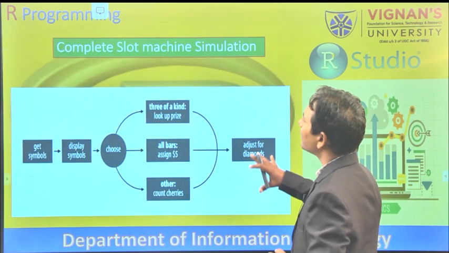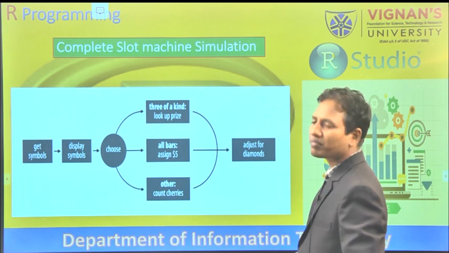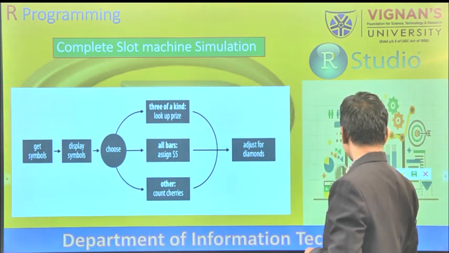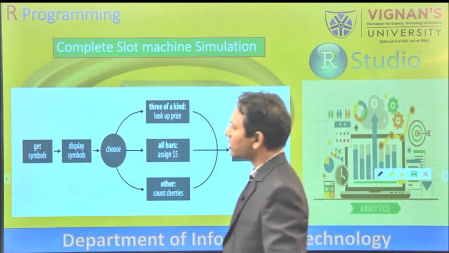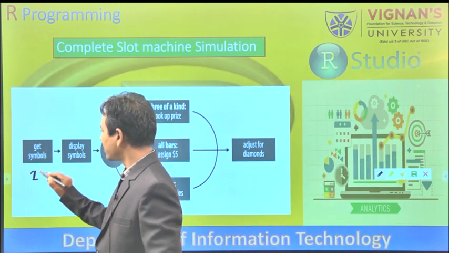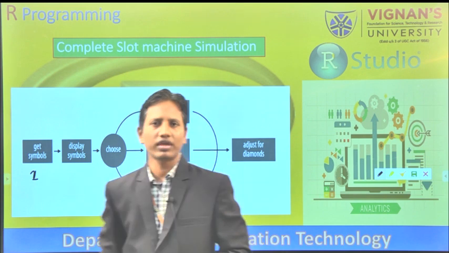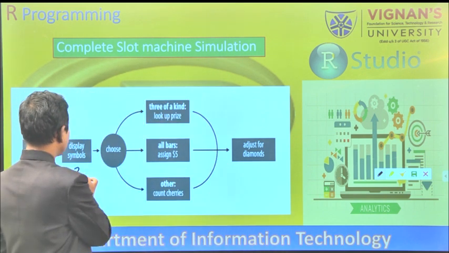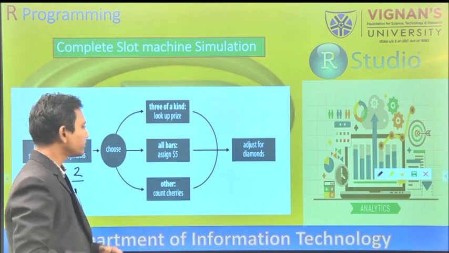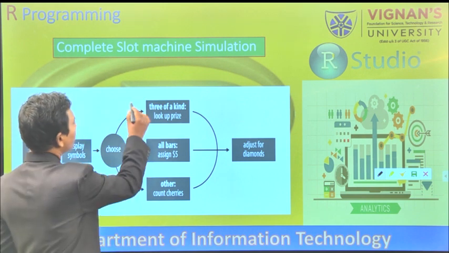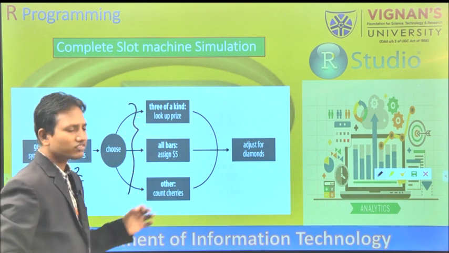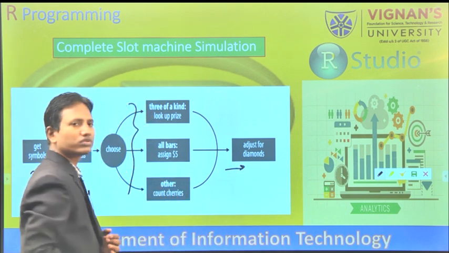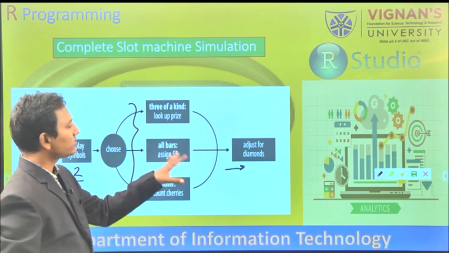And this is a complete solution for this slot machine. Step 1, get the symbols. Step 2, display the symbols. Step 3, here you have to select among these 3, 1, and finally you have to find out the total amount by adjusting the diamonds.